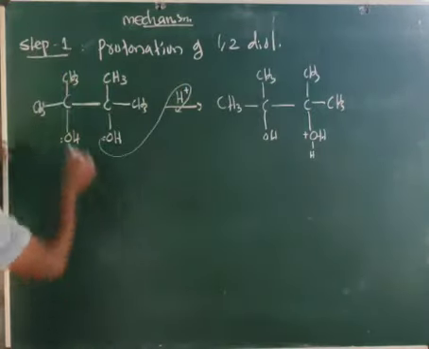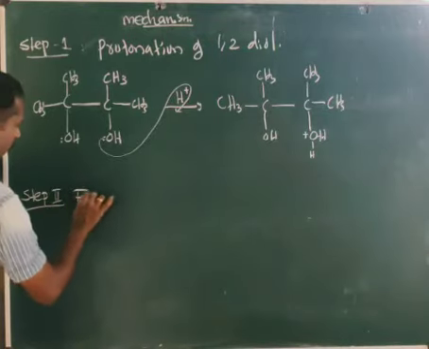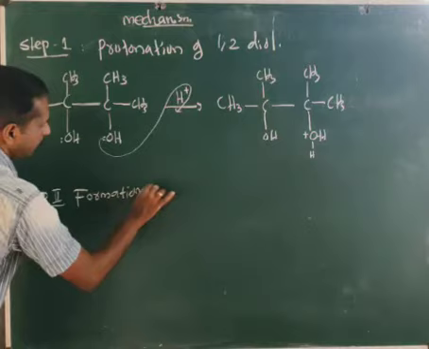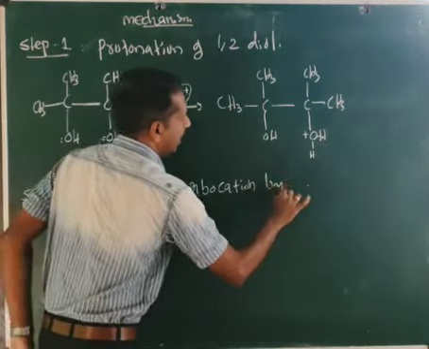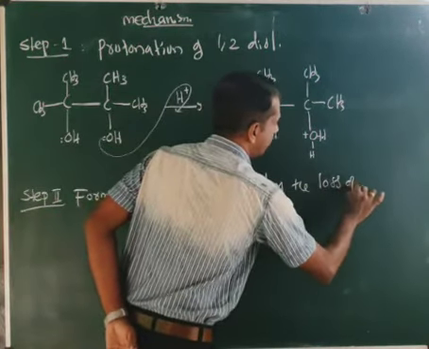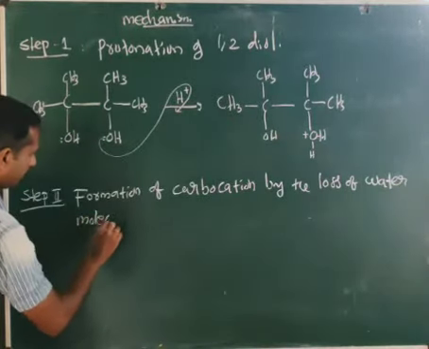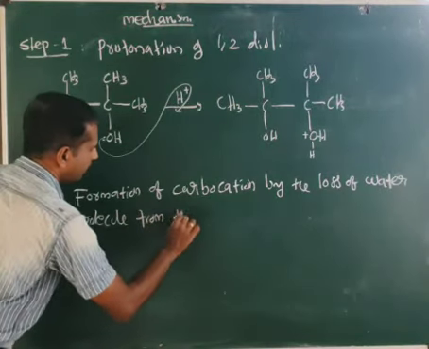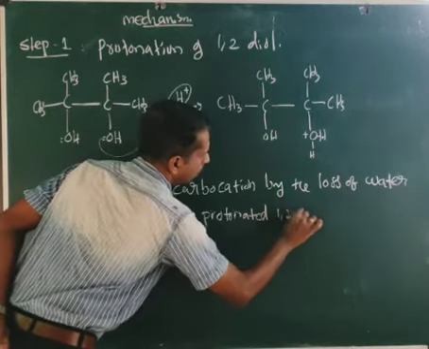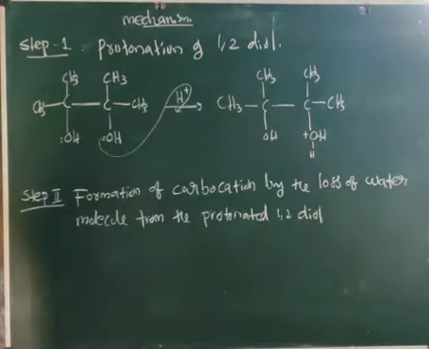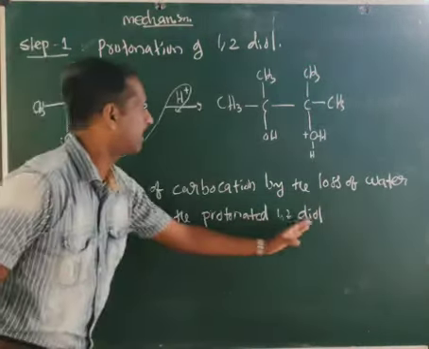In the next step, step 2, formation of carbocation by the loss of a water molecule from the protonated 1,2 diol.